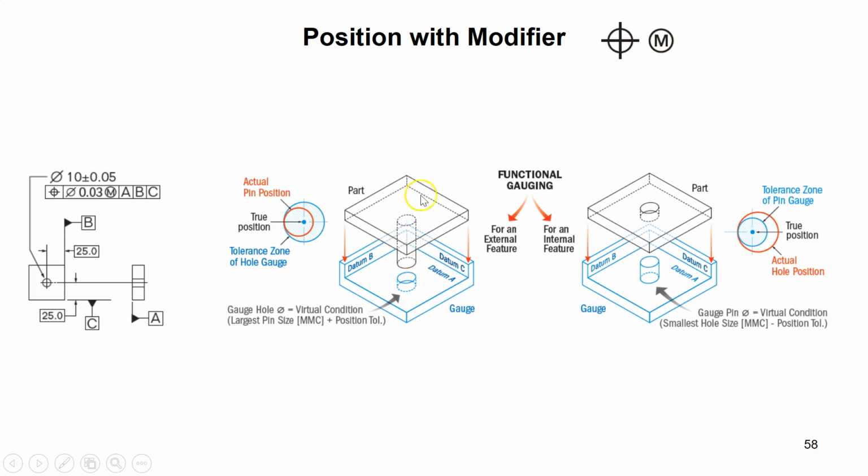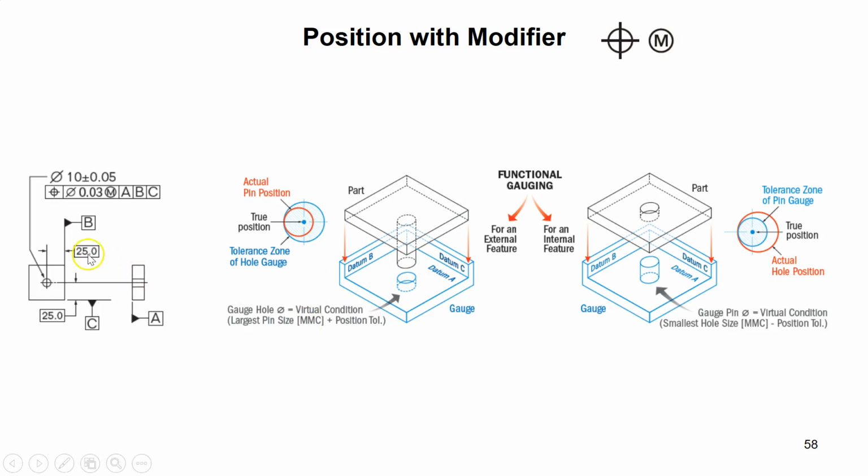This is the part that I have, this plate with that shaft, right? So my question is this: what is the size of the hole here on the inspection table that I should have, so I ensure that this pin here goes through that hole, and if it does, it means my part is in spec. How can I do that?